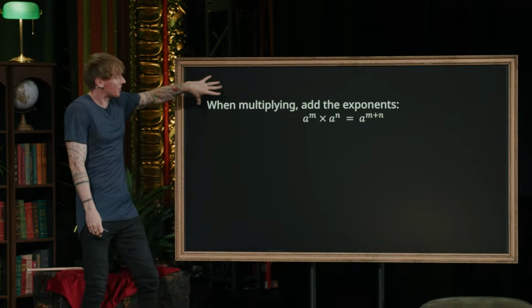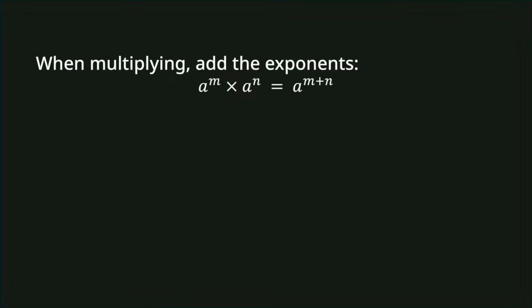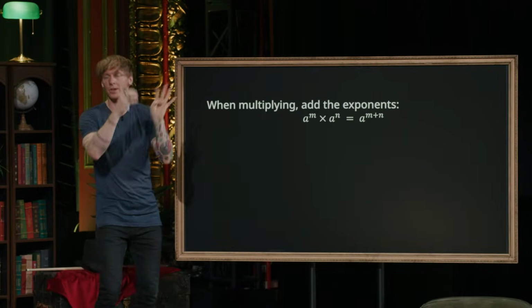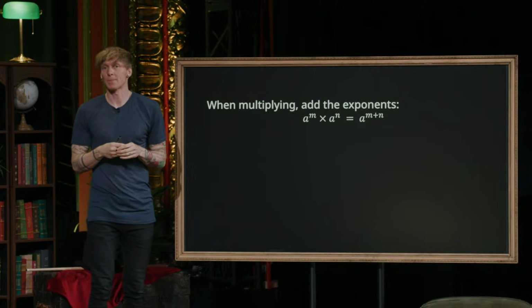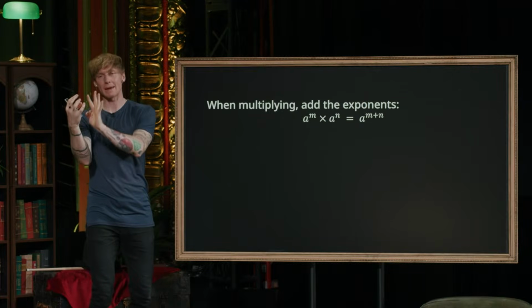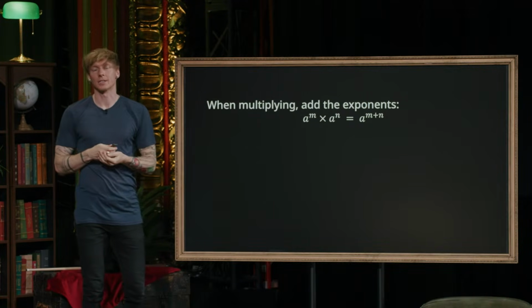When you have two numbers which both have the same base, and this is very important, as long as you have the same base, base a to some power, that could be 2 to some power, multiplied by the same base, a to a different power, or 2 to a different power, when you multiply those numbers, you add the exponents. So multiplication of two separate powers gives you a final outcome with the same base, but we add those exponents.